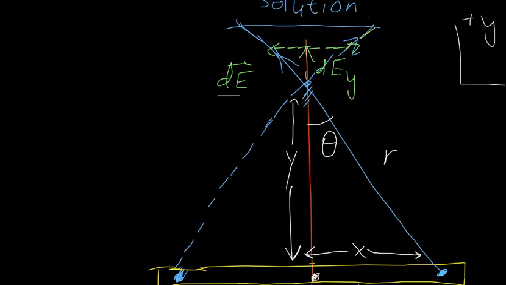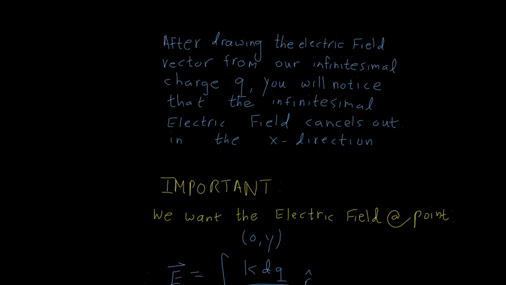Now, dEx is horizontal. One is going this way in the x direction. The other component of dEx is in the opposite direction. But you'll notice one is minus dEx and one is positive dEx. So the infinitesimal electric fields will cancel in the x direction because one's positive, one's negative. So it's only the infinitesimal electric field in the y direction we want. Let me say that again.